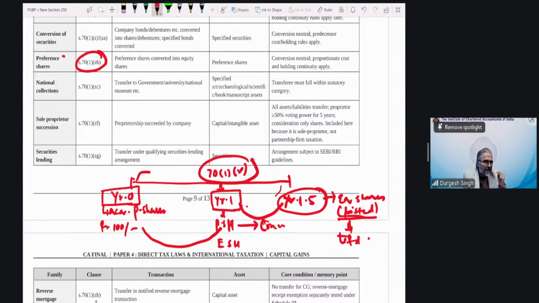Students, if it is a redemption of preference shares, Section 70 does not apply. Why? He already has redeemed his preference shares. He has monetized the amount. So he already has got the amount with himself. Redemption of preference shares is considered as a transfer.